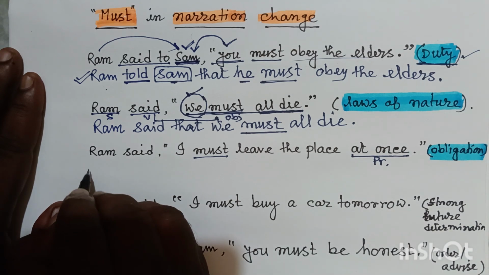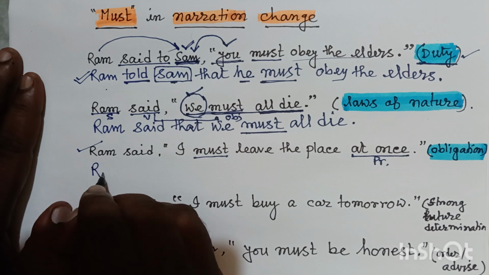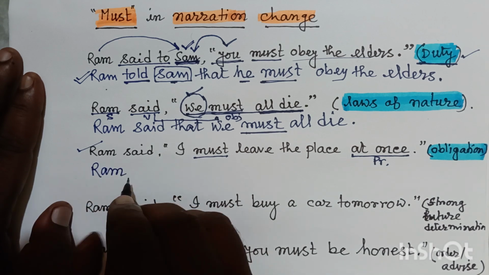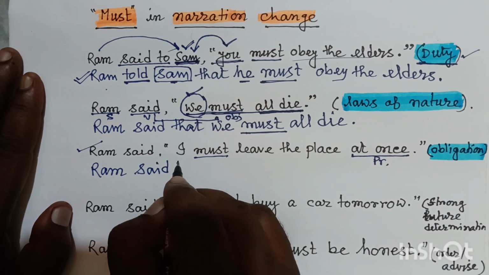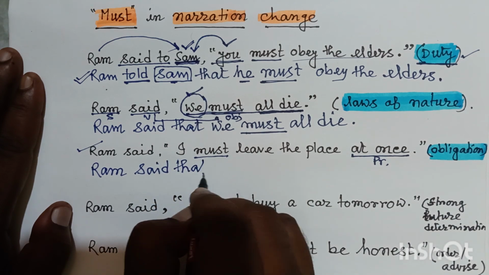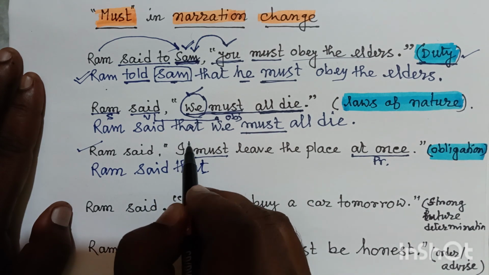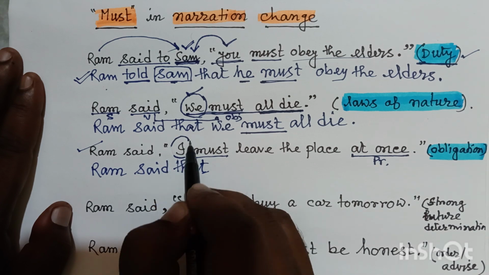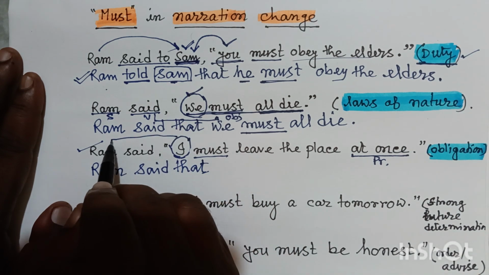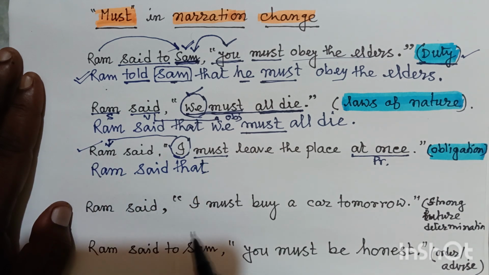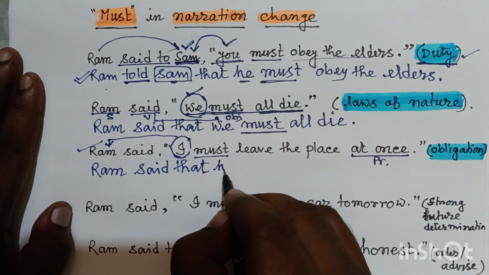So friends, this is the direct speech, and in indirect speech we have to write down Ram said that. Friends, this is the first person pronoun, and the first person pronoun changes according to the subject. So Ram is the subject, so we have to write down he.